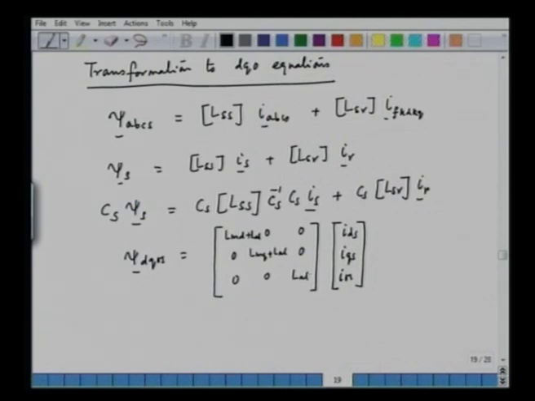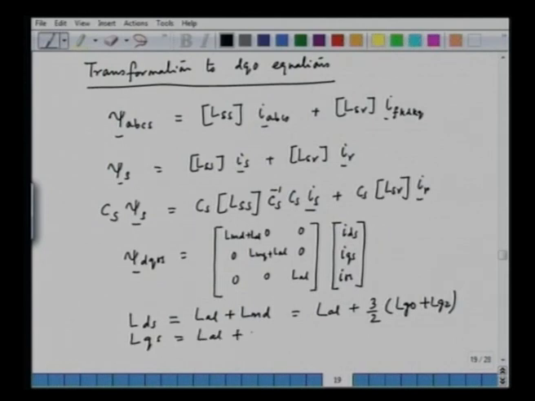So, we see that the d axis inductance, we can call this LDS, is LAL plus LMD, and what is LMD? LMD is evaluated as 3/2 times LG0 plus LG2, and LQS is equal to LAL plus LMQ, that is equal to LAL plus 3/2 times LG0 minus LG2.